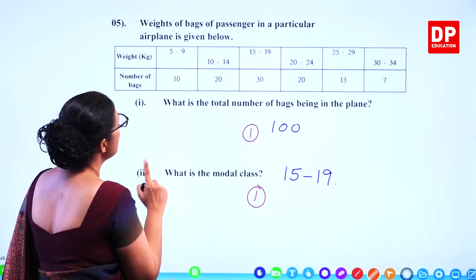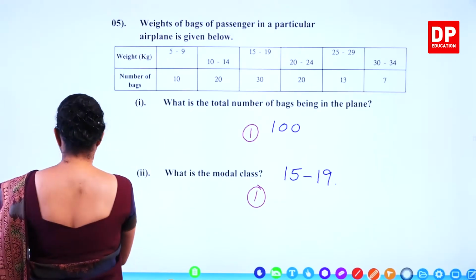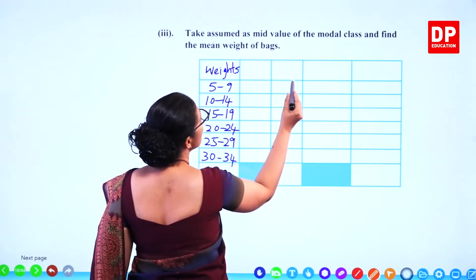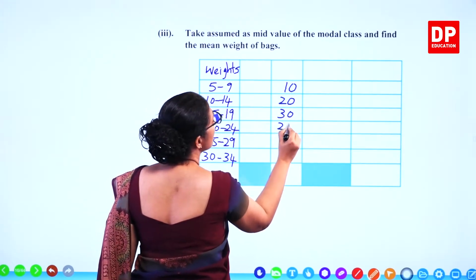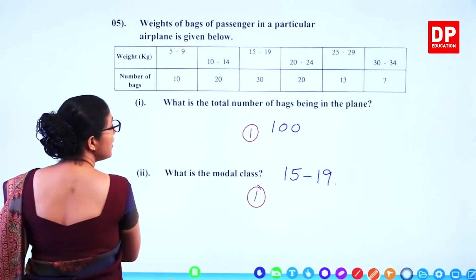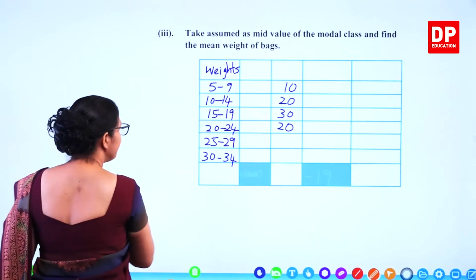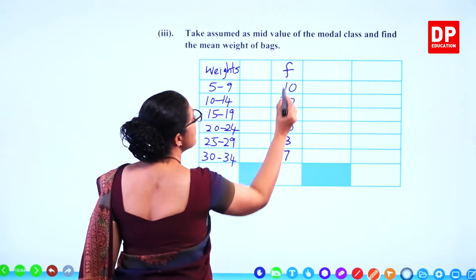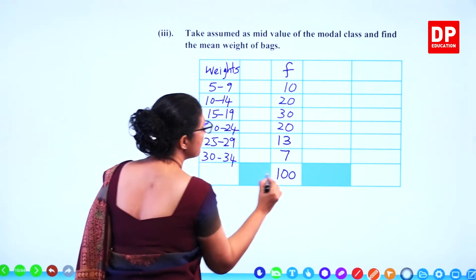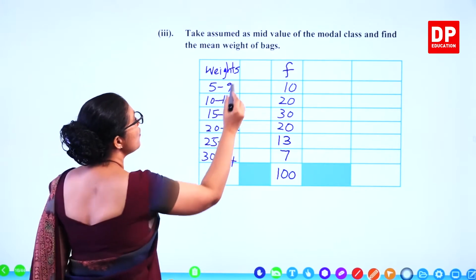Then 10, 20, 30, 20, and 13 and 7. That's the frequency. So the total is 100. Now we have to find out the mid values.